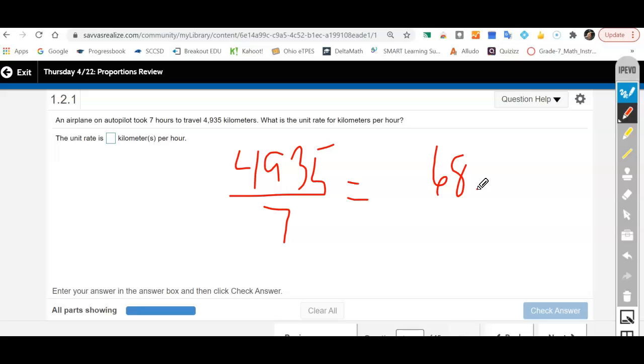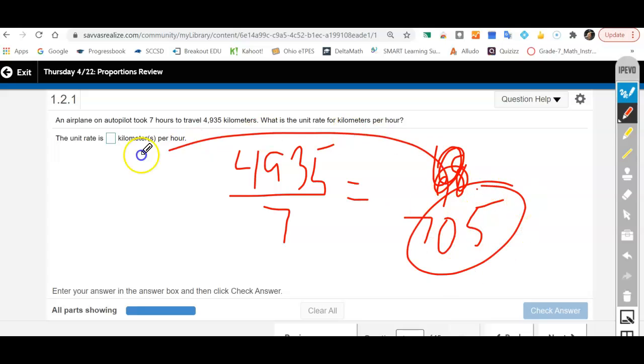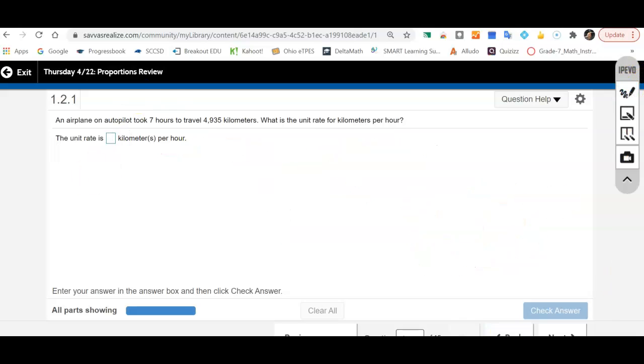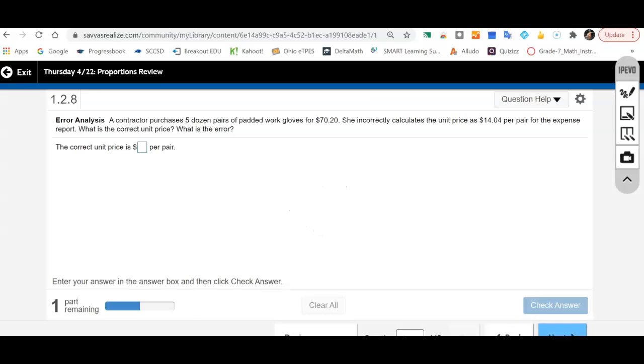Okay, my calculator's being silly. It keeps adding a 2. 4,935 divided by 7. 705. There we go. So we would say that's 705 kilometers per hour. So that's a unit rate.